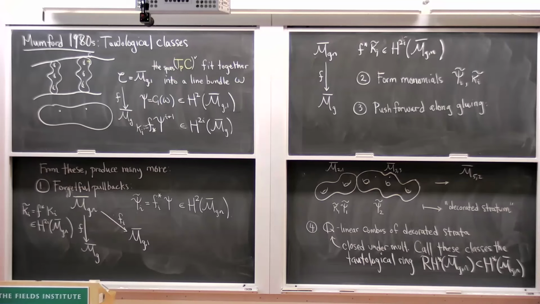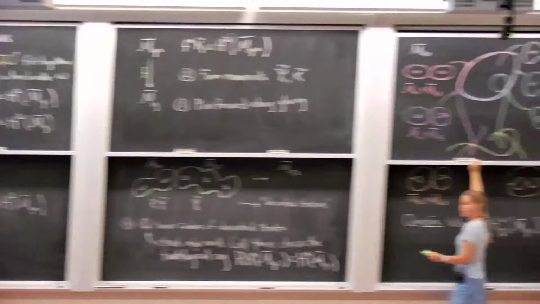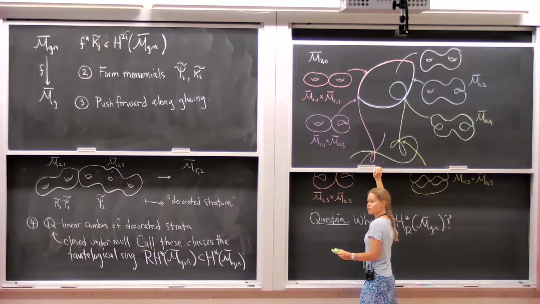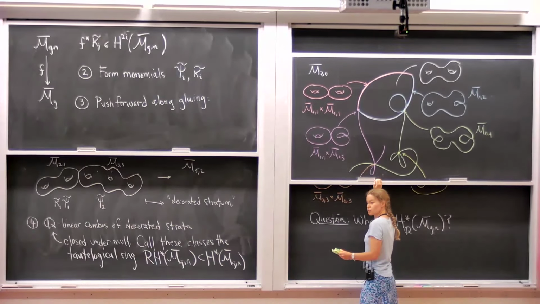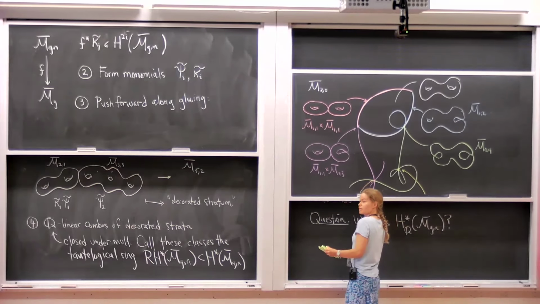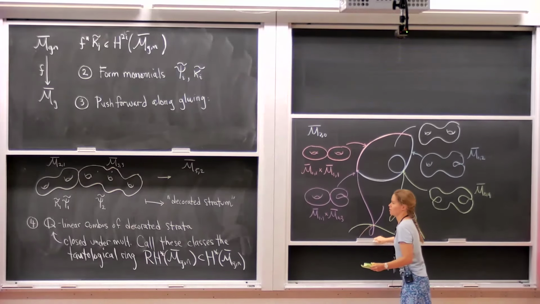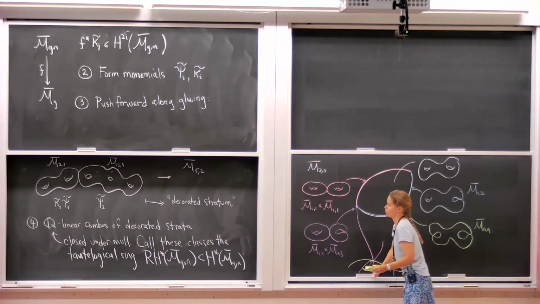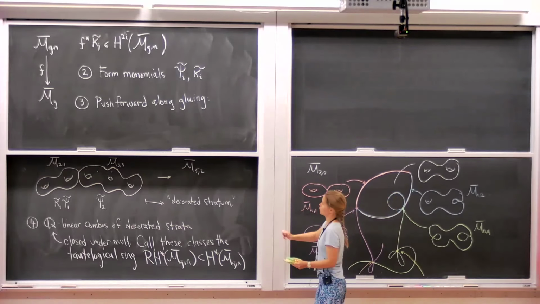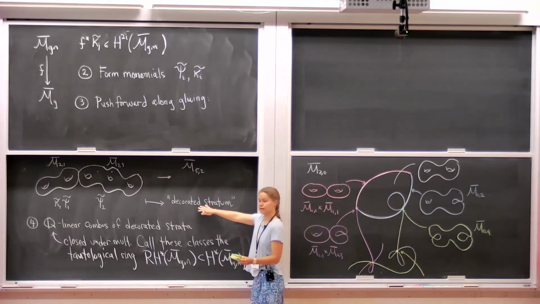The multiplicative structure of this ring is known, in the sense that you multiply two classes to understand what linear combination it is of. Yes. So in fact, there's an algorithmic rule for intersecting any two decorated strata.